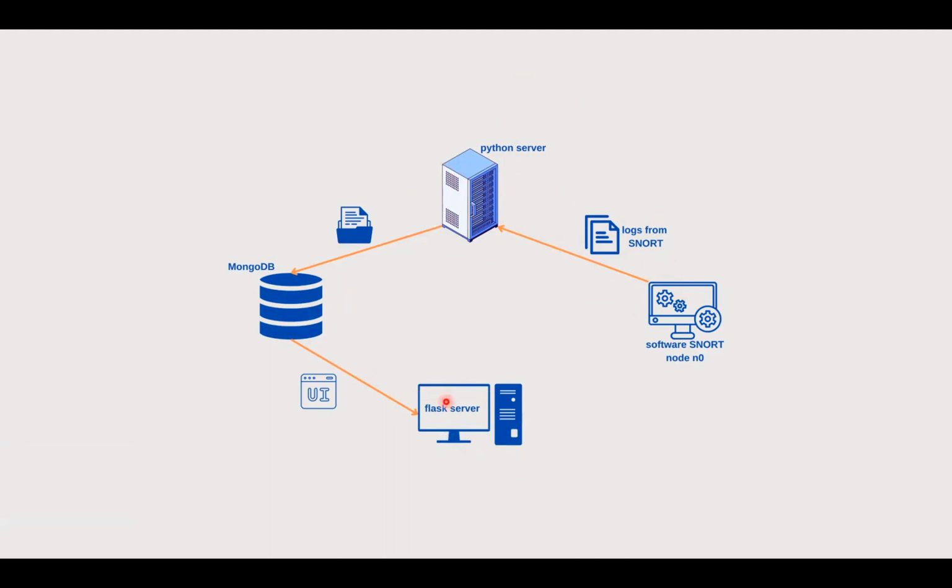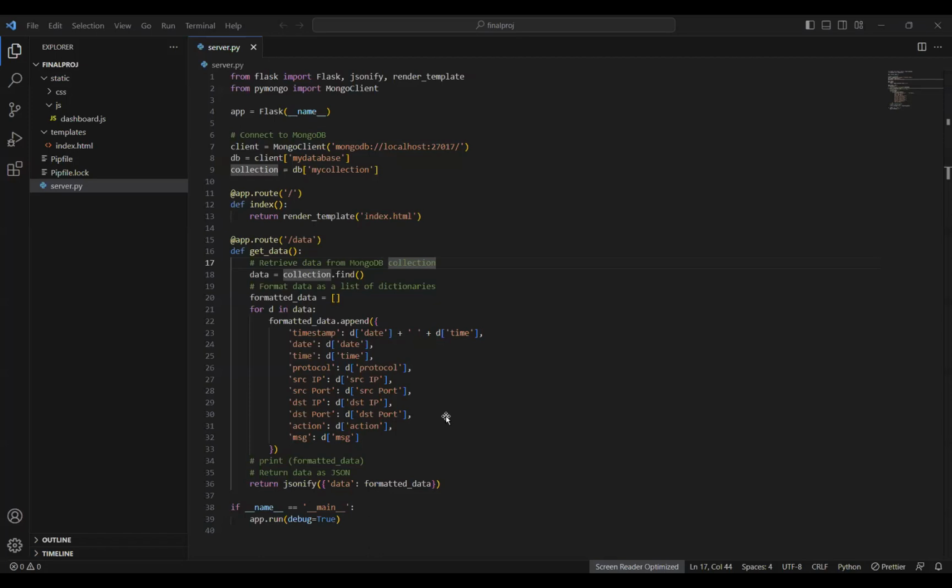For this, we'll do a small run through of the code. So I'll take you guys to the code for this. So this is the code. This is the server code where we use Flask. Flask is like a bare bones server through which you can configure APIs and serve templates.